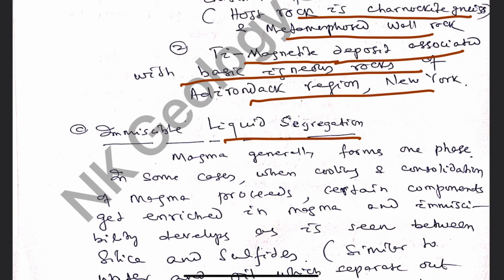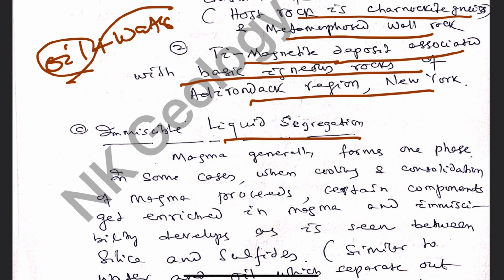As we see in case of the mixture of oil and water, oil floats on water. Similarly, in case of the magma which is rich with sulfides, there are two layers, sulfide layer and silicate layer. Silicate layer will come to the top with sulfide layer at the bottom.